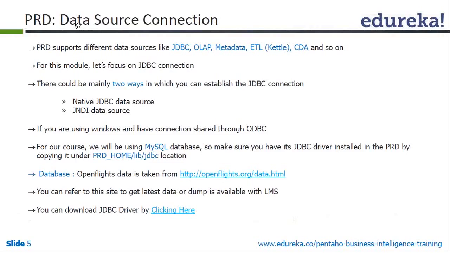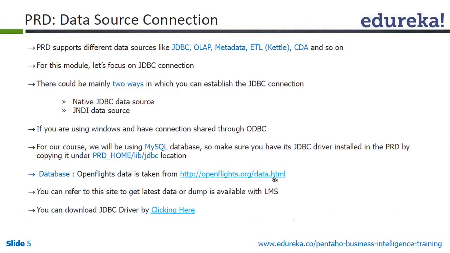If it is a Java application, you configure it in context.xml or in META-INF, if you want that JNDI to be local to your web application. In Pentaho, for Kettle it is a different configuration, and for PDA it is a different configuration. For PRD we will see in the next slides.